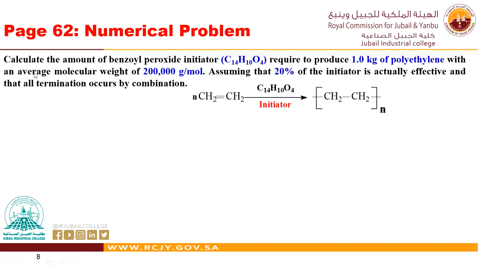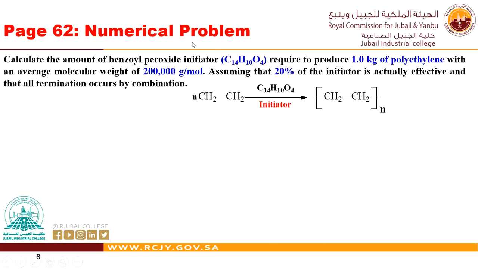The question says, calculate the amount of benzoyl peroxide initiator, that is, the initiator is benzoyl peroxide, required to produce 1 kg of polyethylene with an average molecular weight of 200,000, because this depends on molecular weight, assuming that 20% of the initiator is actually effective and that all termination occurs by combination.